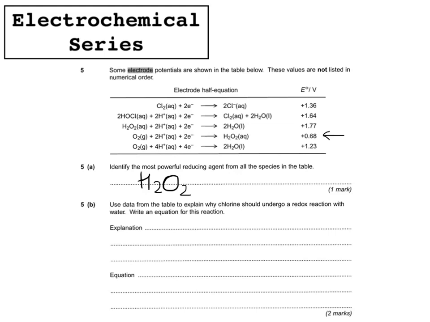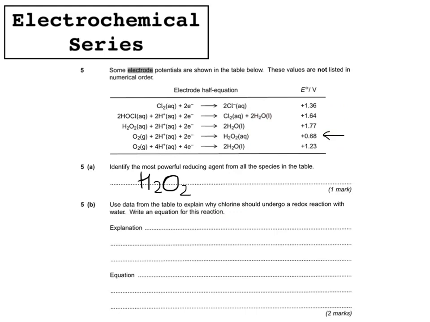Then it says, use data from the table to explain why chlorine should undergo a redox reaction with water. Write an equation for this reaction. Whenever you're asked to explain why something will happen based on electropotentials, all you're going to do is compare the two electropotentials to each other. So, first off, there are two equations where water is present, and there are two equations where chlorine is present.